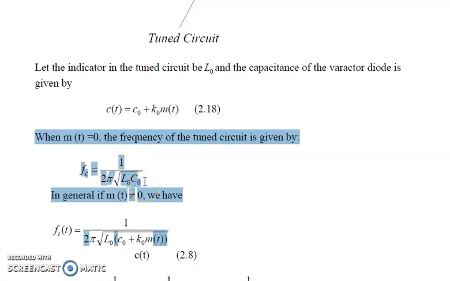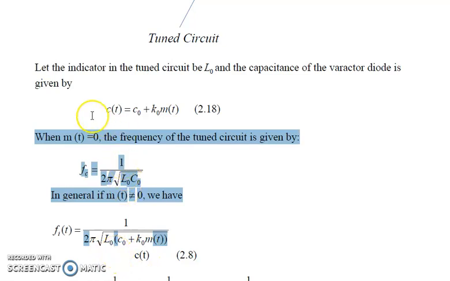That you know. In general, if m(t) is not equal to 0, then we have the instantaneous frequency f_i(t), meaning the instantaneous frequency of the modulator, will become 1 by 2 pi under root.